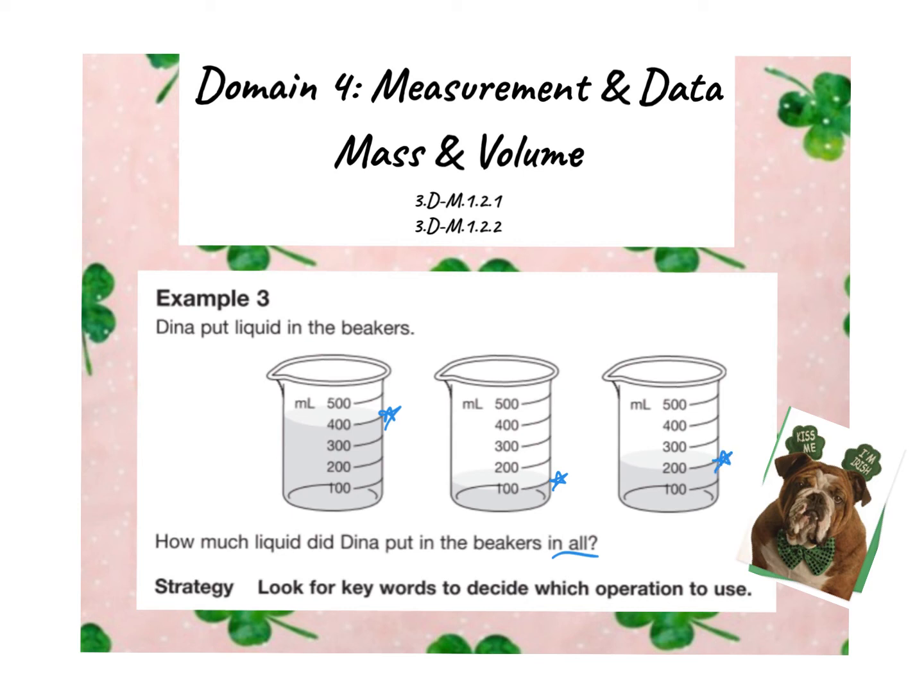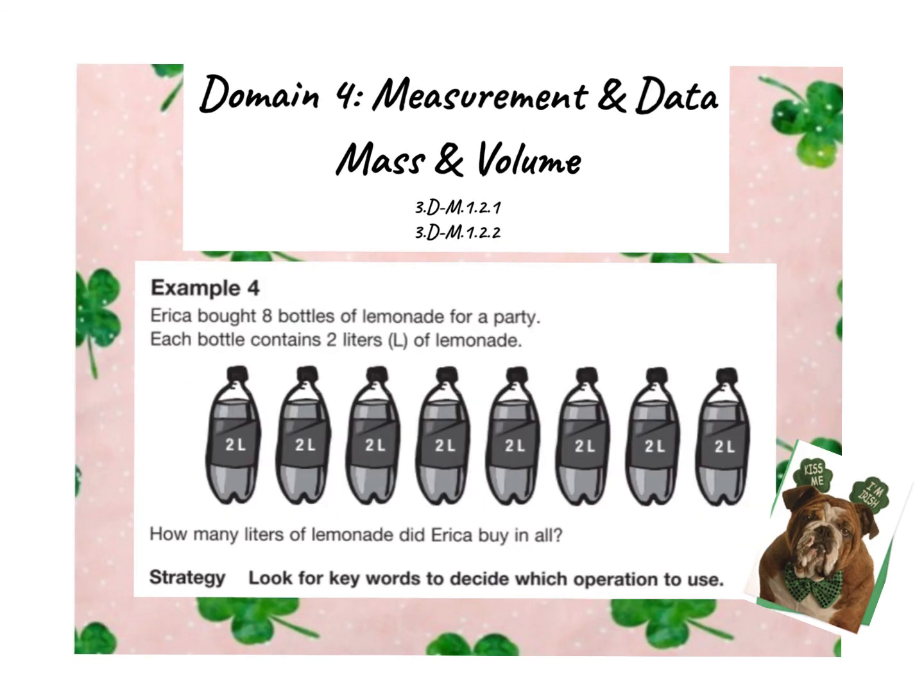So I'm going to go ahead and add that up. 400 plus 100 plus 200 would actually be 700. Good job. 700 milliliters is the amount of liquid that she put into those beakers.